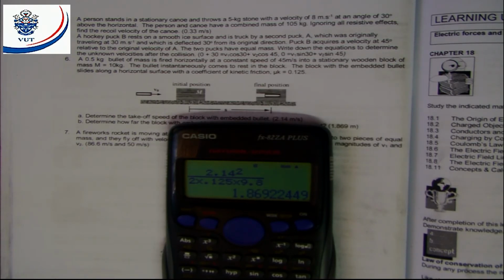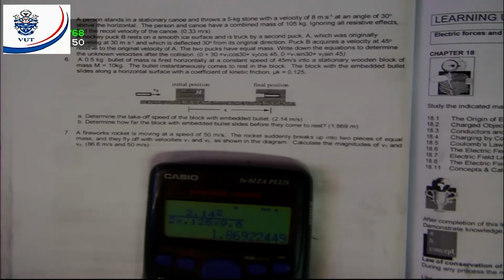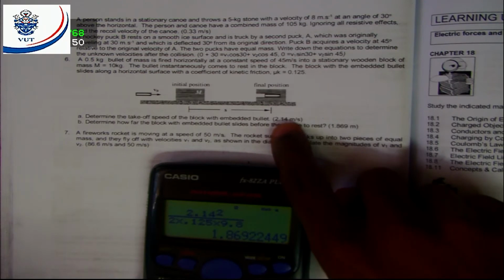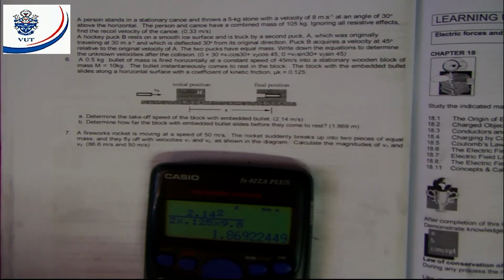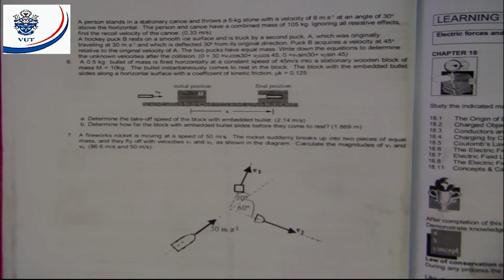So S is just 1.869 meters. That's the two solutions. The speed was 2.14 and S is 1.869 meters. That completes today's lesson.